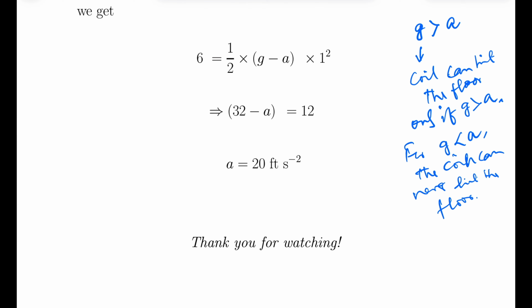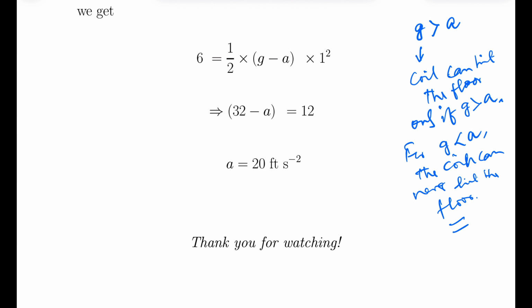This is so because the lift will move with a greater acceleration than that of the coin. So the coin will always lag behind the floor of the elevator. So for the coin to hit the floor, its acceleration g must be greater than that of the elevator.